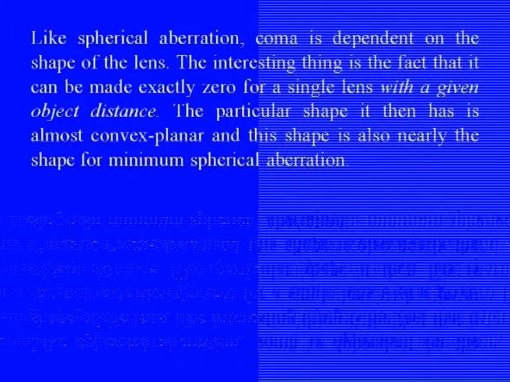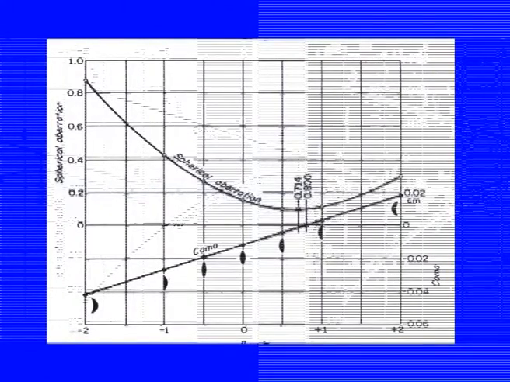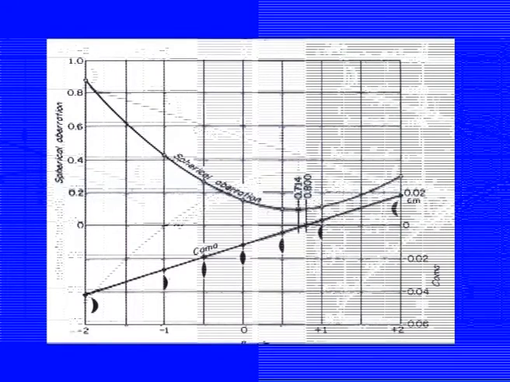The particular shape it then has is almost convex planar, one side convex, the other side almost plane, and this shape, if you remember, is also nearly the shape for minimum spherical aberration, as we have seen in the last lecture. This figure shows the variation of spherical aberration and also the variation of coma for different shape factors.